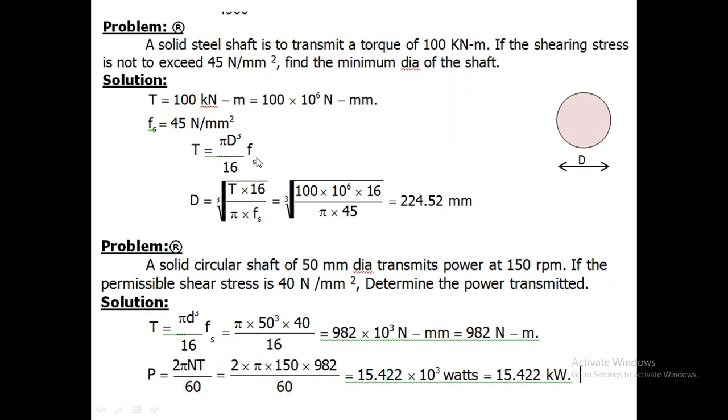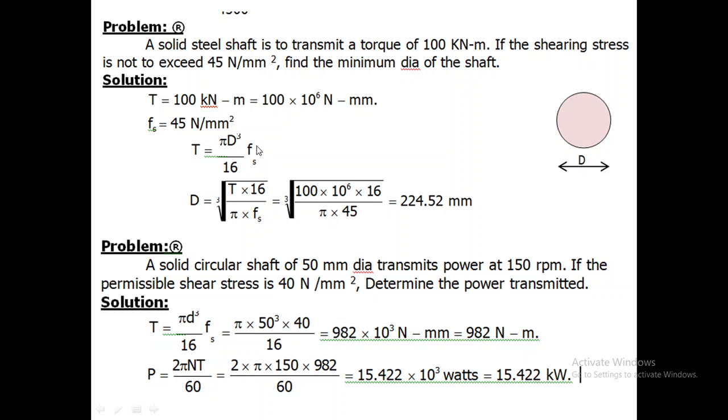So here directly we can make use of the torsion equation, where T by J is equal to tau by R. Since the shear stress is given, in this equation tau is taken as Fs.